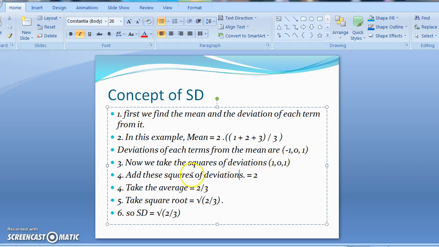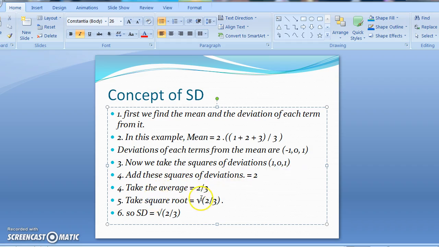And then the next step is we add these squares, so we get 1 and 1, which is 2, and 0, so the entire sum is 2, and take the average. So there are 3 elements, so the sum 2 divided by the number of elements, which is 3, and I'll get the value as 2 by 3.